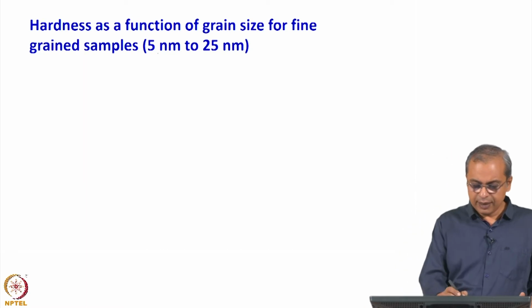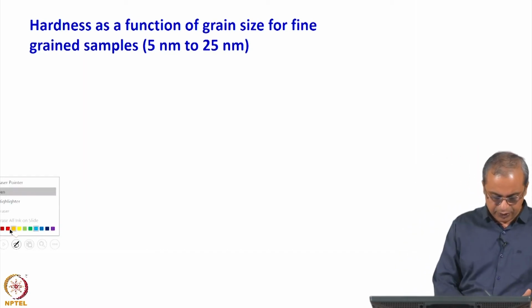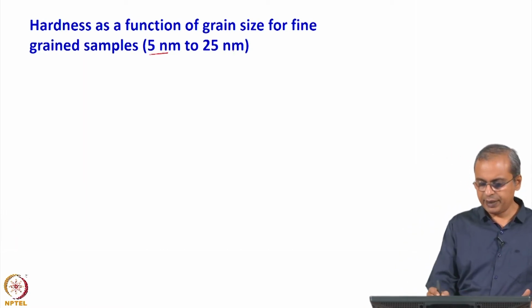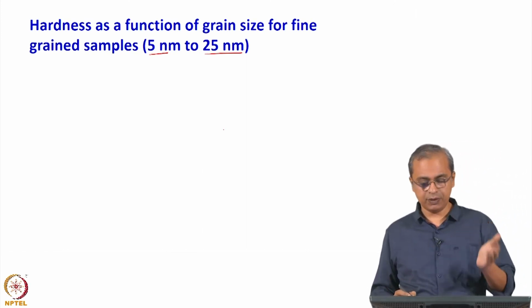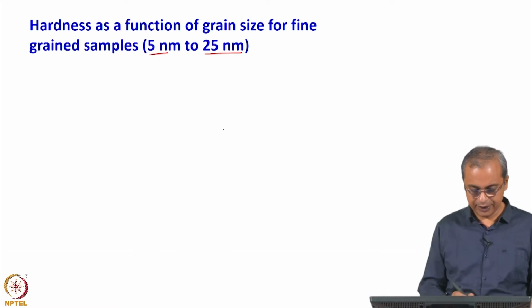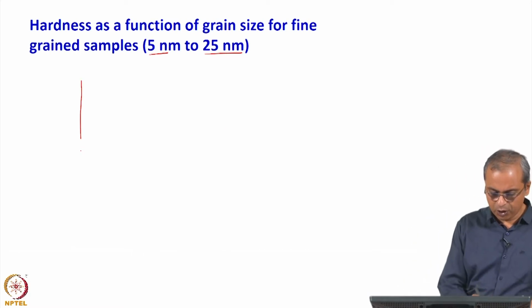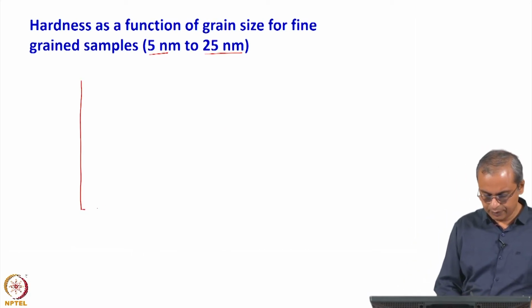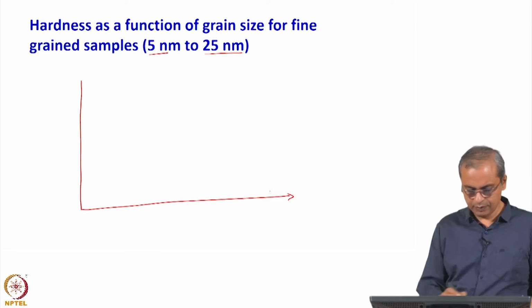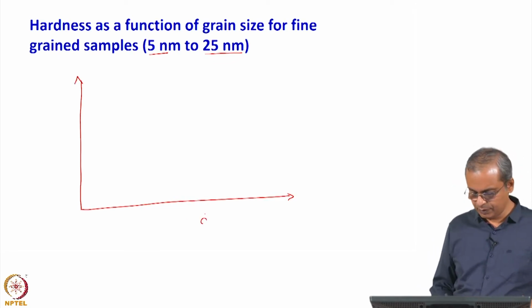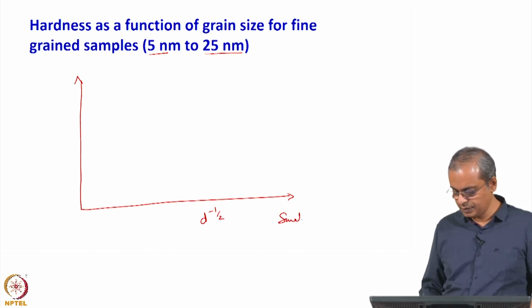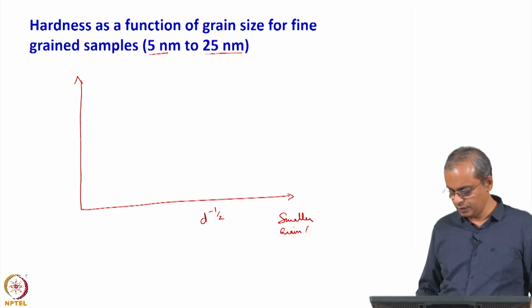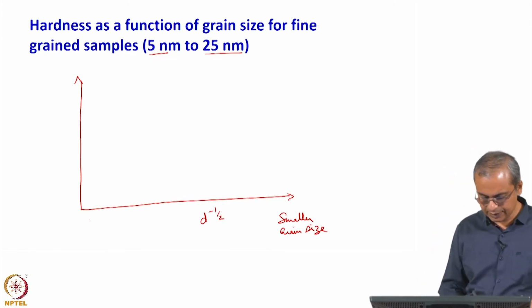Now, we look at a smaller grain size, say 5 nanometer to 25 nanometers. Previously we looked at 5 micrometer to 25 micrometers. So, now we are looking at 5 to 25 nanometers, and if I make a similar plot, once again this is smaller grain size, and this is larger grain size.